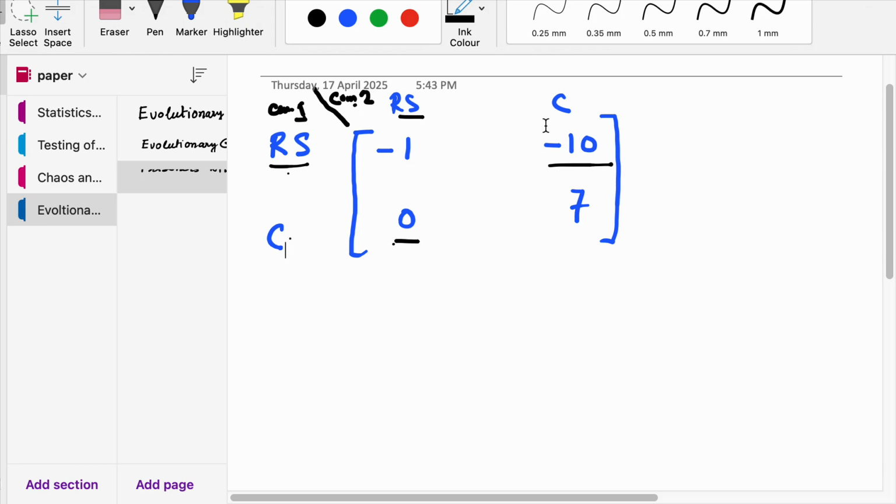Now I have a query here. While writing the payoffs, why don't we write them in the form of tuples every time? Sometimes we write in the form of tuples and sometimes not. Yes, you are absolutely correct.